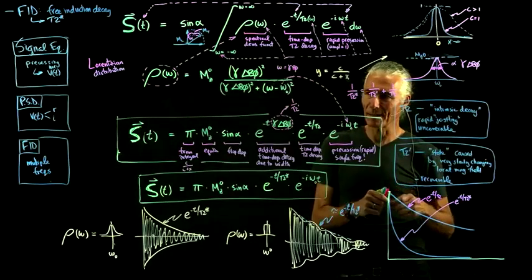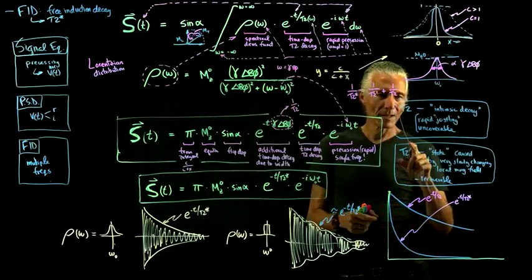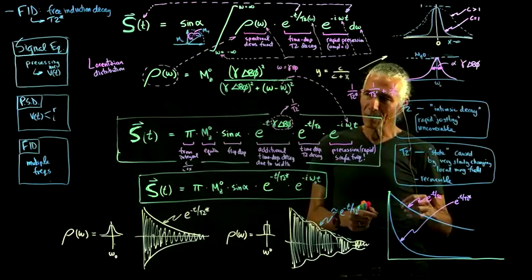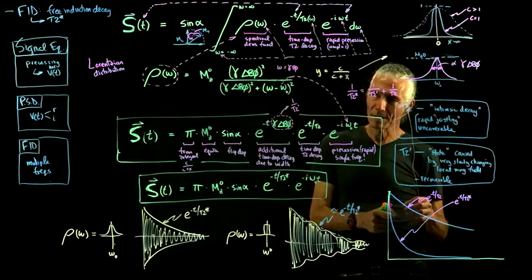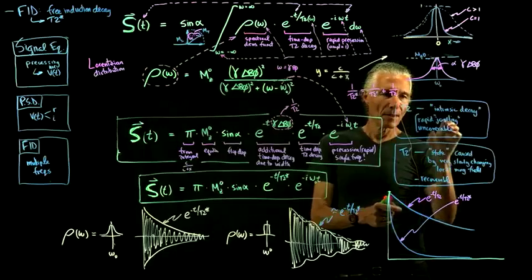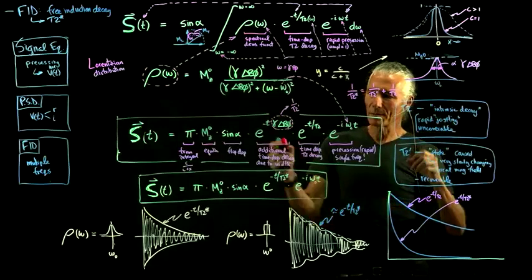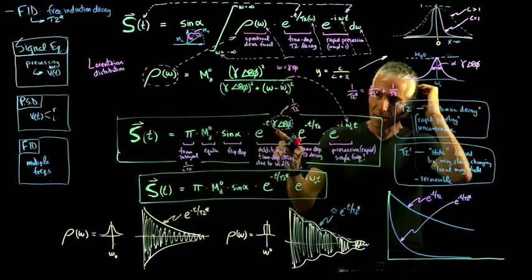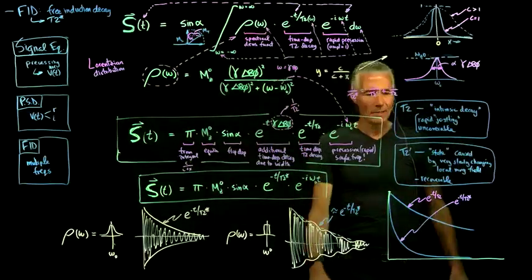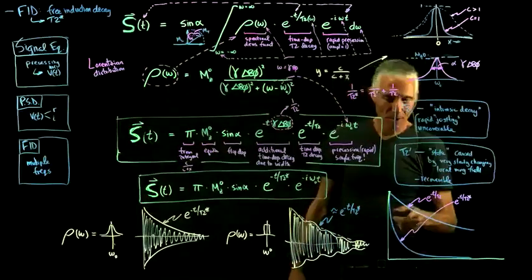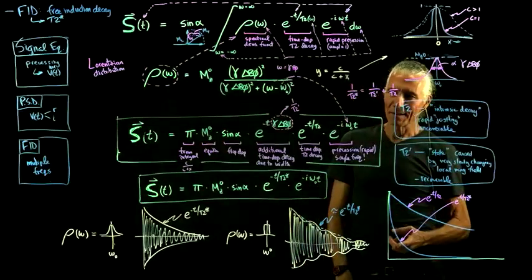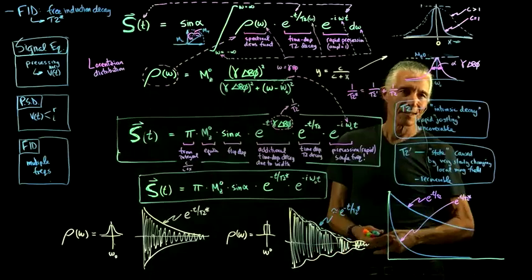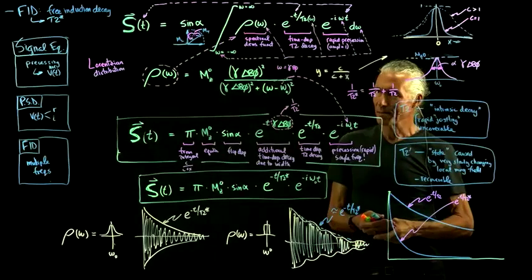We'll talk about it in detail. And then you can recover, temporarily for an instant in time, the signal that was killed by the distribution of frequencies, right here. But in general, we can only basically record the T2 star, because that's the signal that we can record.